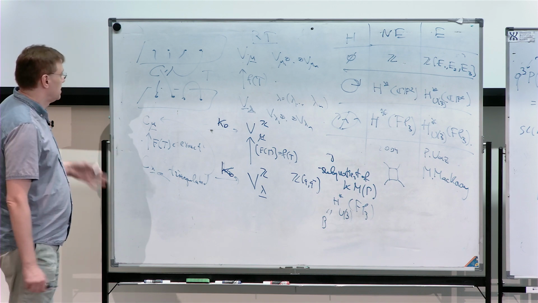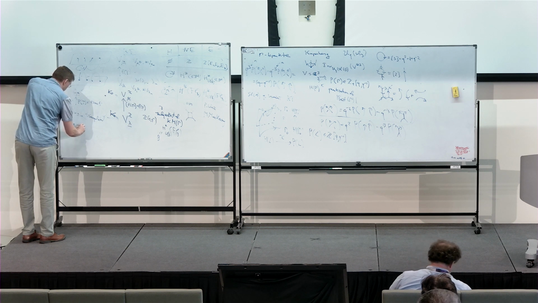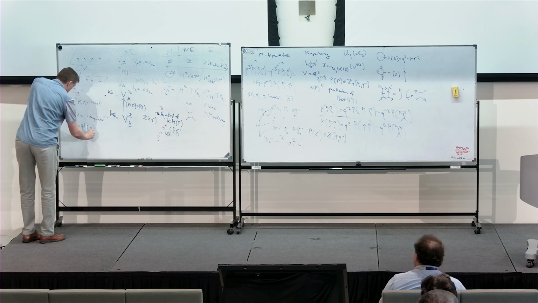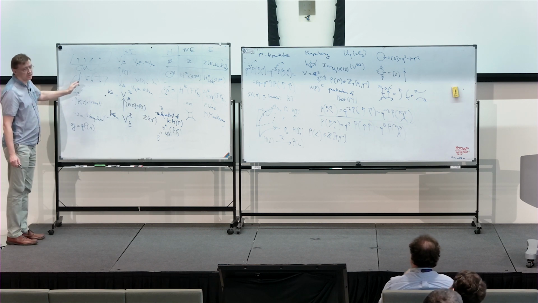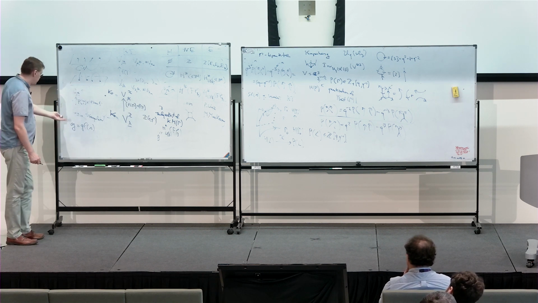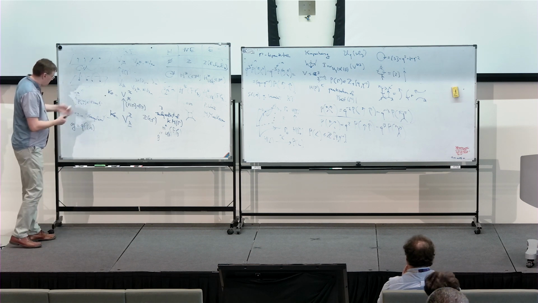In the sense that people usually would do it for the group G, for G being GLN or SLN, and usually for some representation. Minuscule representations are easiest, are the best. In fact, minuscule representations of GLN. But it always takes a lot of work.